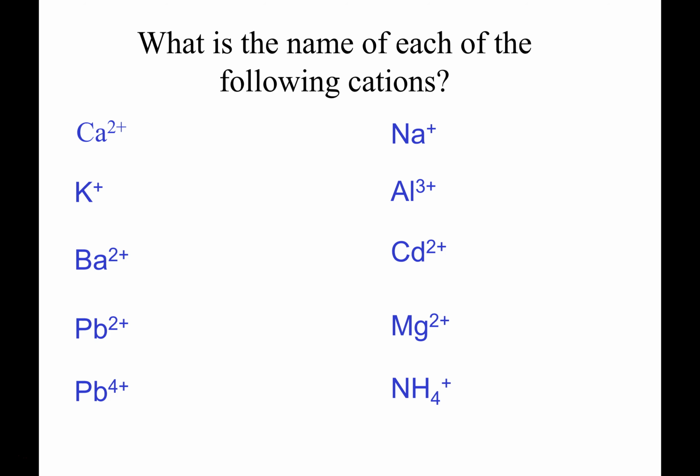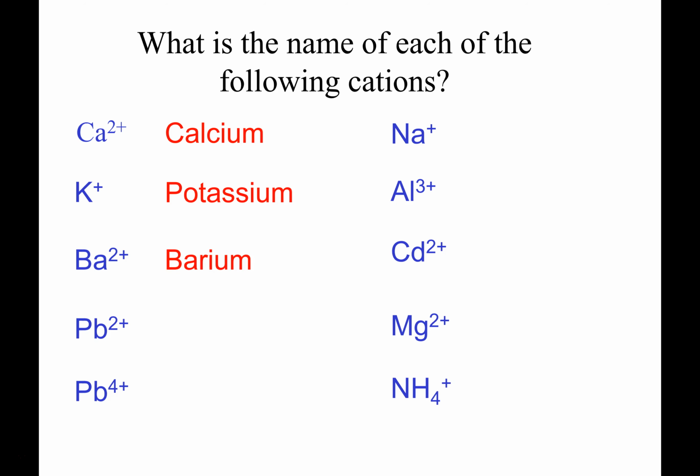Okay, so can you find calcium on the periodic table? Would you call it calcium or calcium 2? Nope, because it's just plain old calcium. Yep, very good. How about potassium? Potassium. How about barium? Just barium. You're right. Sorry.